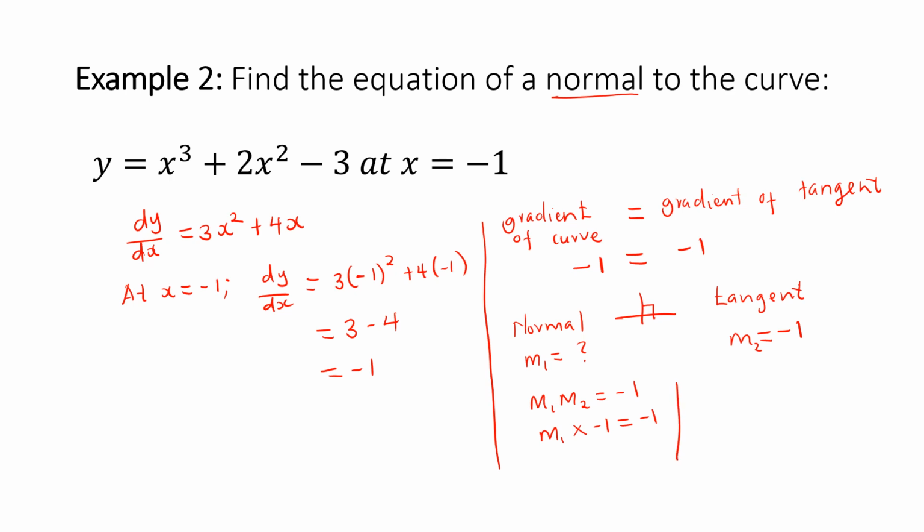So which means this is -M1 is equals to -1. We divide both sides by -1, we shall have M1 being as equivalent to +1. So we already have that for the normal, the gradient is +1.